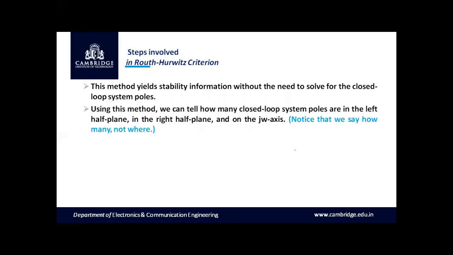Using this method, we can tell how many closed-loop system poles are in the left half plane and in the right half plane, as well as on the j omega axis, that is the imaginary axis. Notice that we say how many but not where. It just gives you the count of how many poles lie in the left half of the S-plane, how many lie in the right half of the S-plane, and how many are on the imaginary axis.